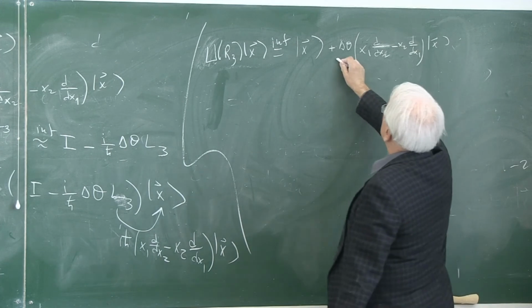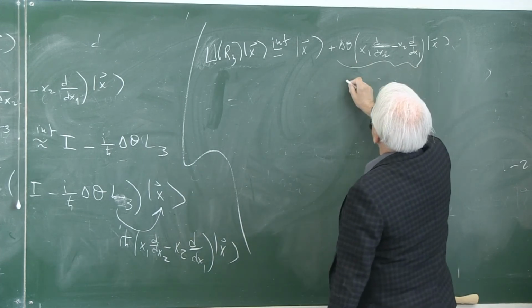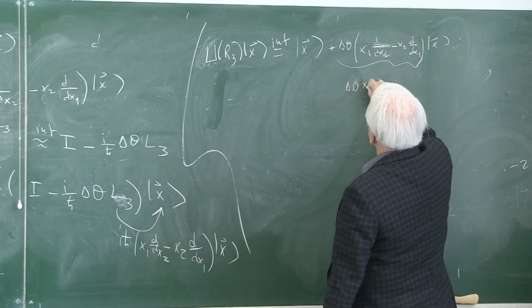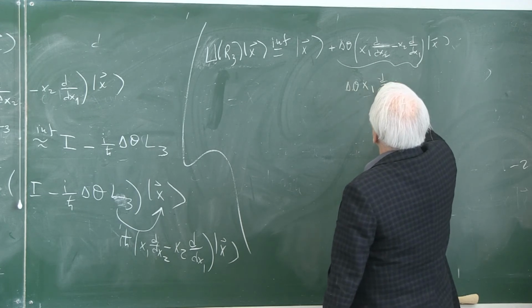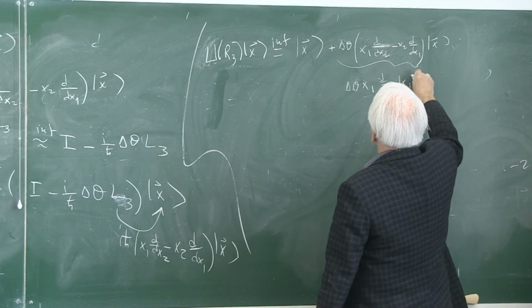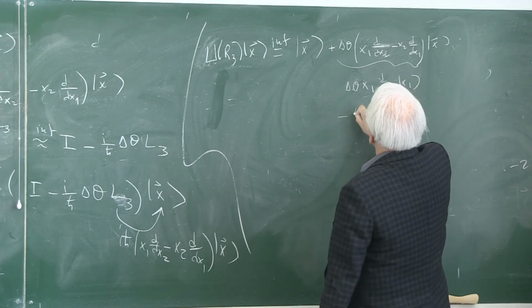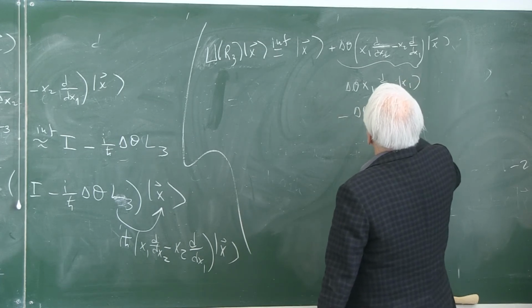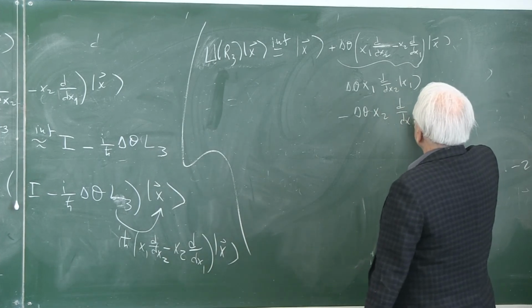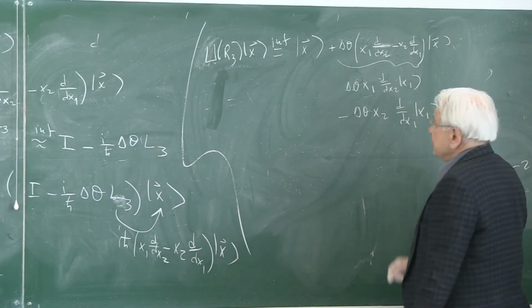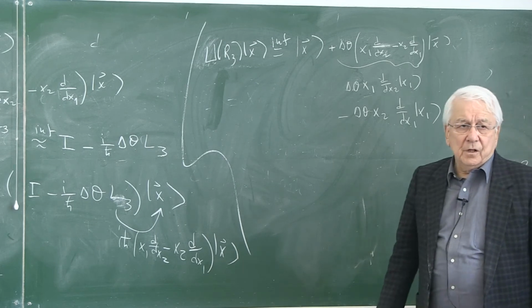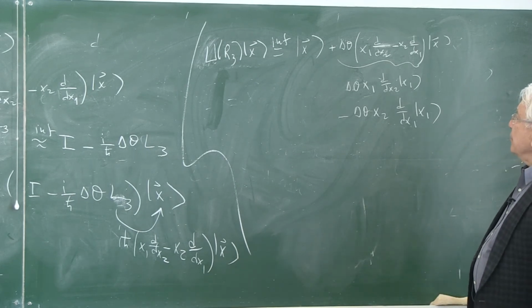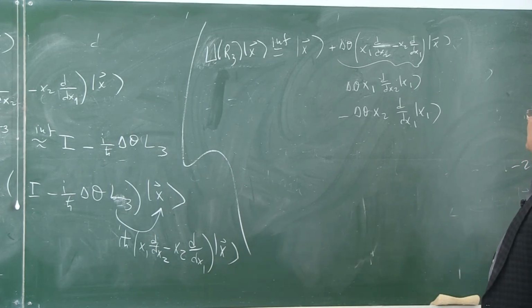Let me expand this. What is it? Delta theta x1 d by dx2 x1 minus delta theta x2 d by dx1 x1. There is no third derivative as we were carrying out the expansion, the rotation about the third axis.